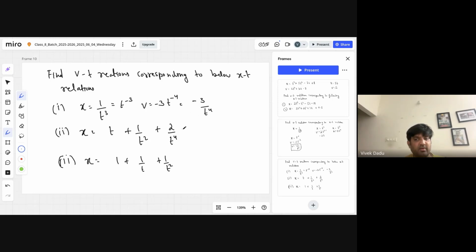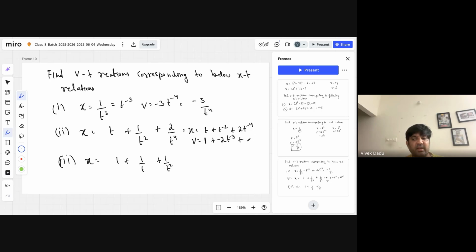This is better. Okay. Now second one, t to becomes 1. What happens to 1 plus t square? Wait, let me first write x only. X equal to t plus t power minus 2 plus 2t power minus 4. Now what happens? t to becomes 1. This one again, minus 2 comes in front and t power.